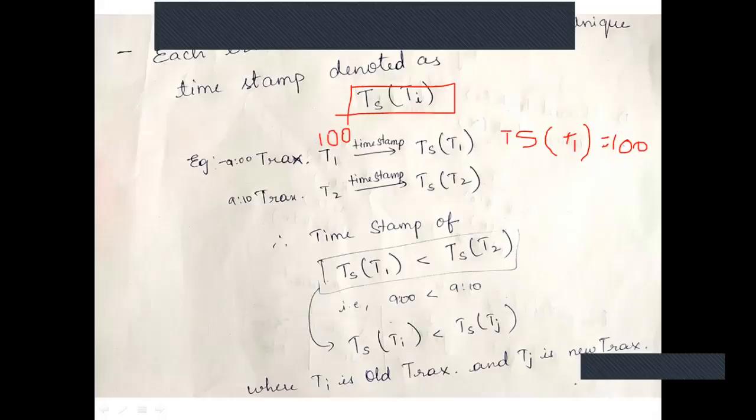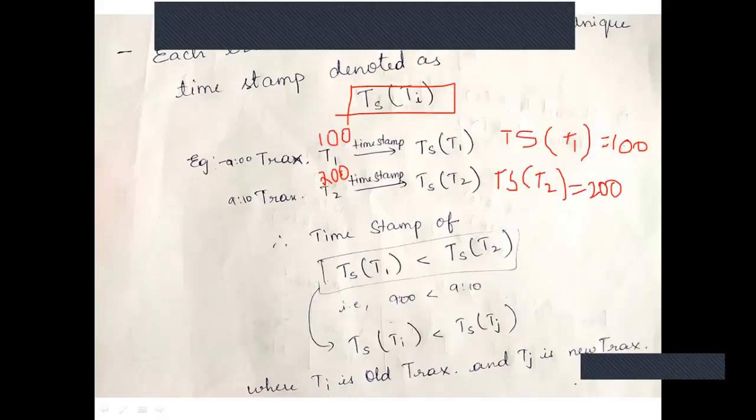Now suppose the next transaction, T2, has come, and I give it a timestamp value of 200. Then TS of T2 is equal to 200.